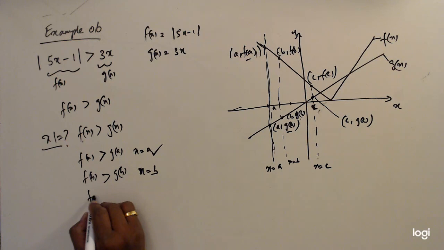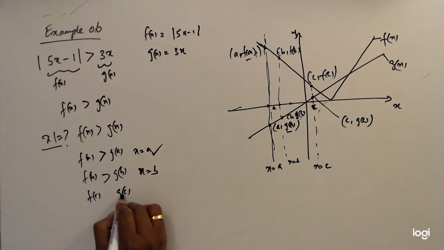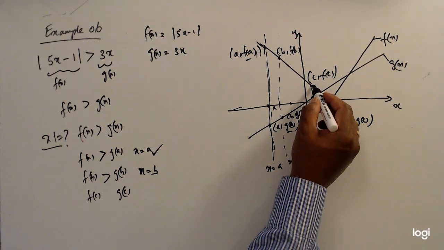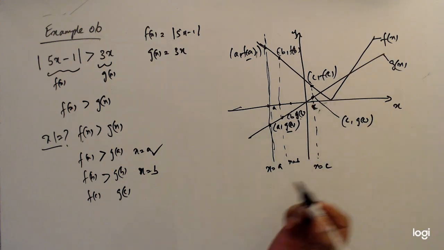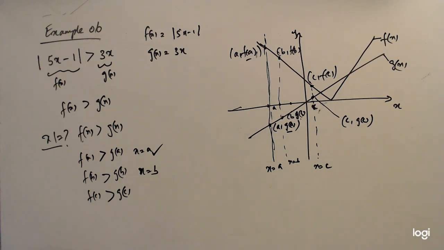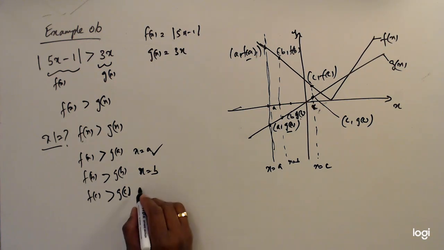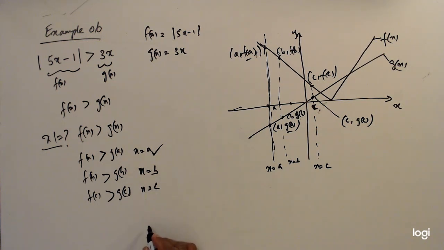Now what can you tell about fc and gc? fc is still bigger than gc, so x equal c is also fine.